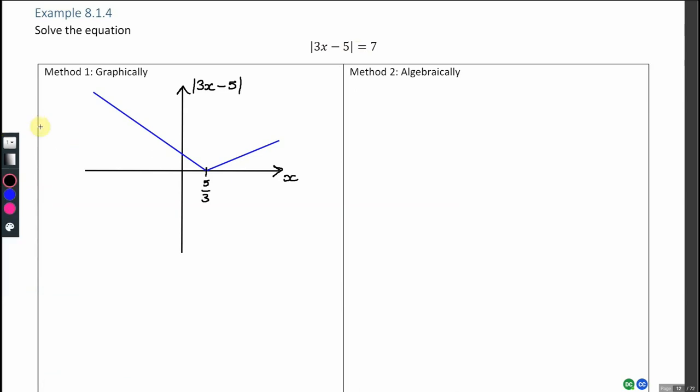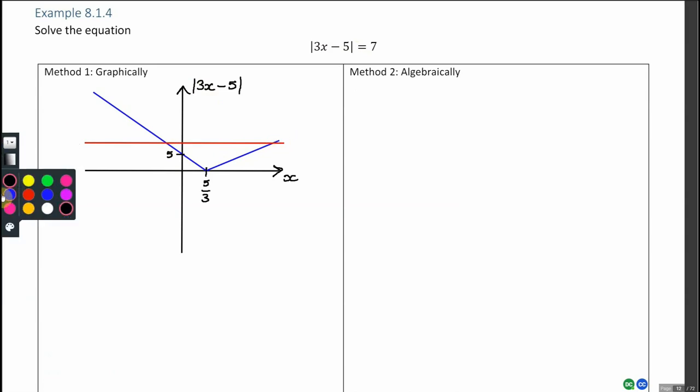In fact, before I do that, I'm just going to work out where this goes through the vertical axis. So at this point here, we know x is 0. So if we substitute that in, we get the modulus of 0 take 5. So that's 5. So it goes through the vertical axis at 5. Now I'm going to draw a horizontal line where y is equal to 7.